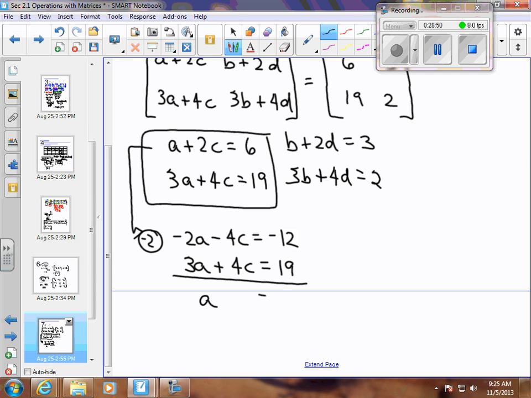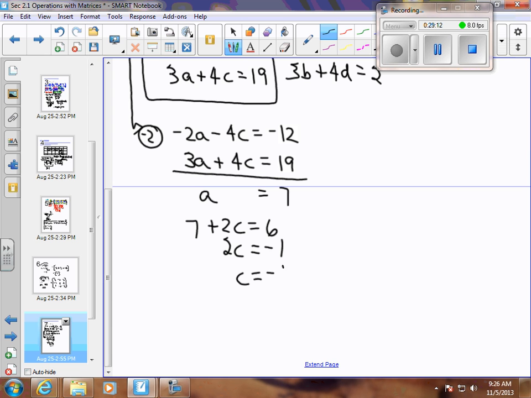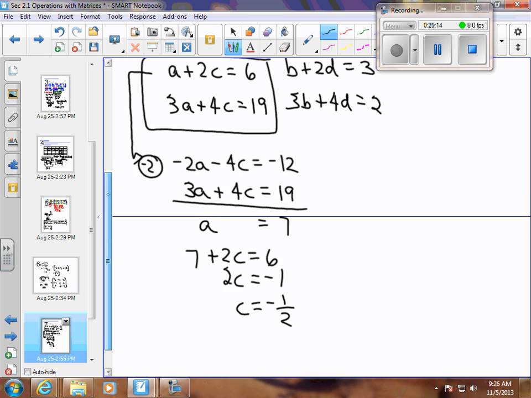Combining, I find that A is 7. Once I have A, I can plug that back into either one of these to find C. So I have 7 plus 2C equals 6, which means 2C equals negative 1, and C equals negative 1/2.